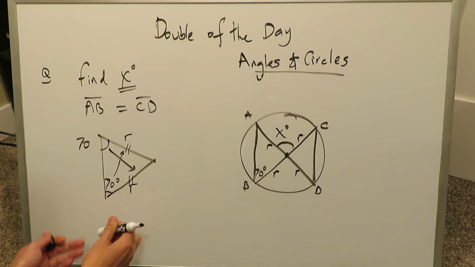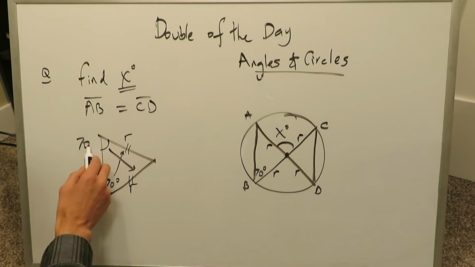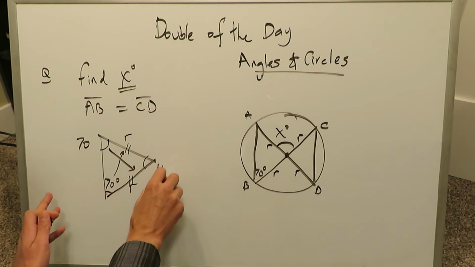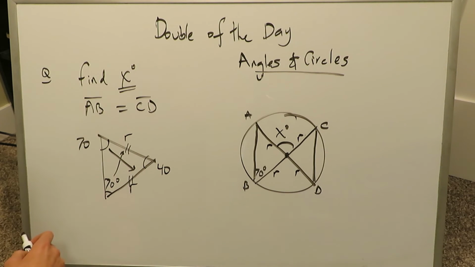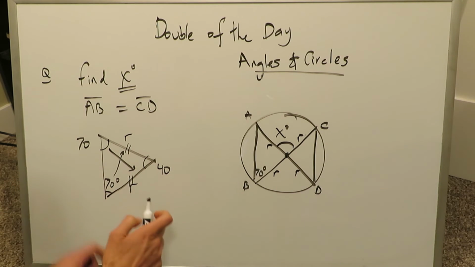You're looking at an isosceles triangle here. Two equal sides, therefore two equal angles. If this is 70 and this is 70, then this right here must be 40 degrees, because the sum of the three internal angles of a triangle is 180. 180 minus 140 will give you that 40.